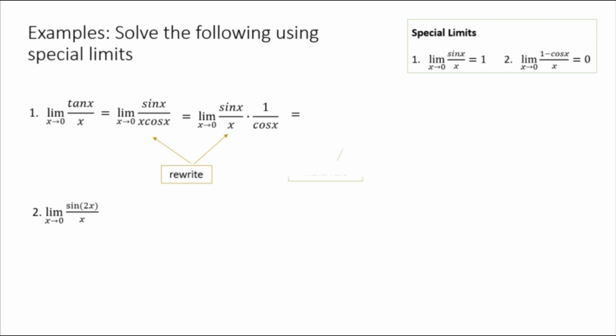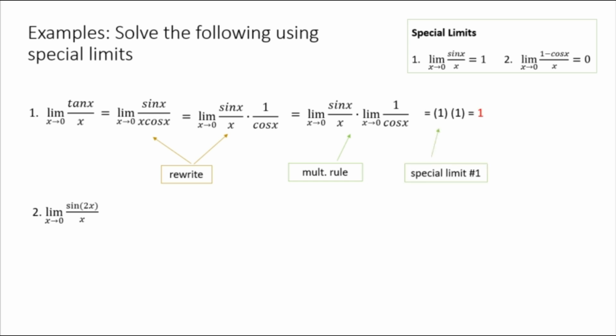So the multiplication rule is allowed. You can separate them. Now it's time to use the special limits. Great. So the answer is that the limit of tangent x over x as x approaches 0 is equal to 1.